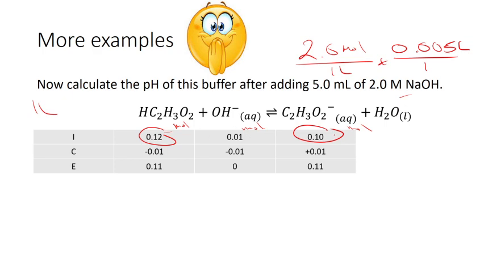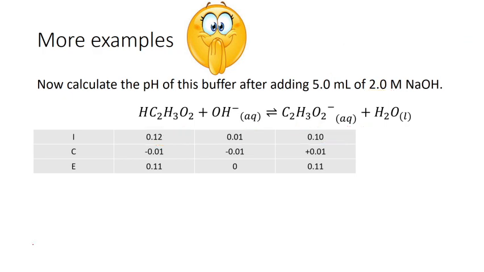Same with acetate, because our concentration was 0.1 molar, if we assume 1 liter, we will have 0.1 moles. Here we get our 0.01 moles because we have 0.005 liters of a 2 molar solution, which when you multiply those together gives you 0.01 moles.